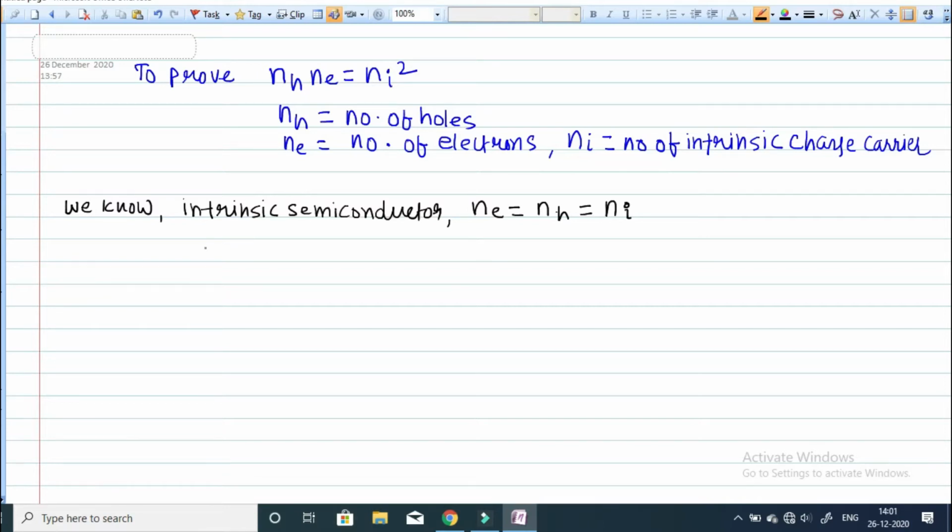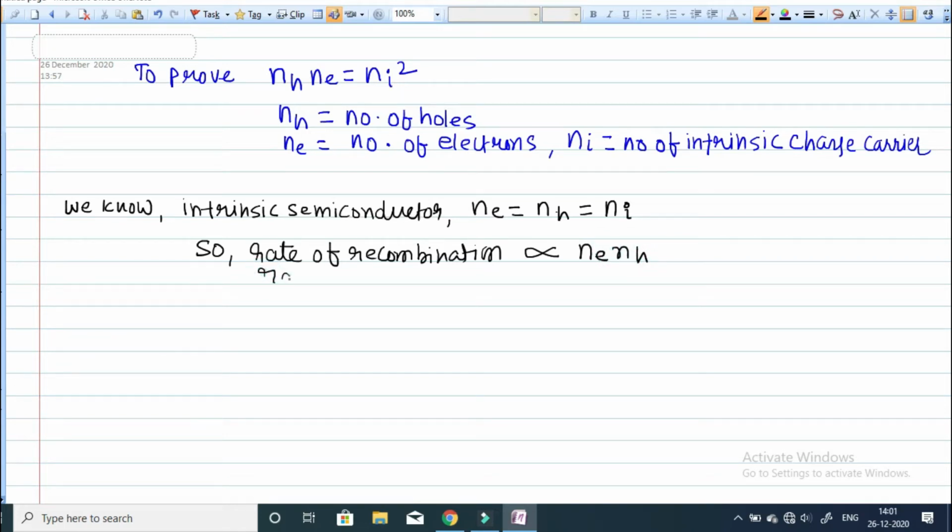So now we can see what is the rate of recombination. Rate of recombination is directly proportional to the product of number of electrons and number of holes, Ne into Nh.